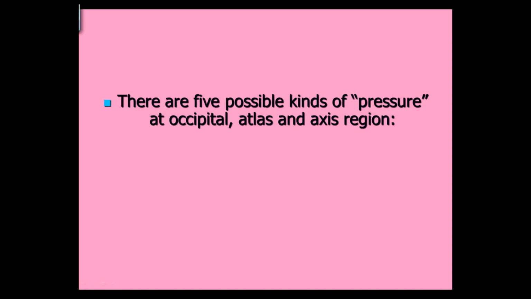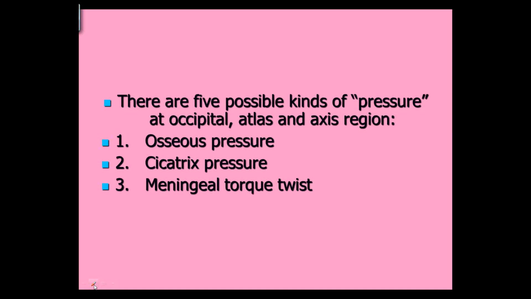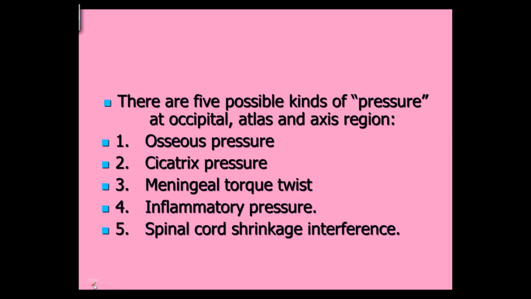There are five possible kinds of pressure at the occipital and atlanto-axial region. This is what B.J. Palmer outlined, and he talked about osseous pressure. This is the misalignment of the atlas and axis. He talked about cicatrix pressure. This is what he called scar tissue pressure.